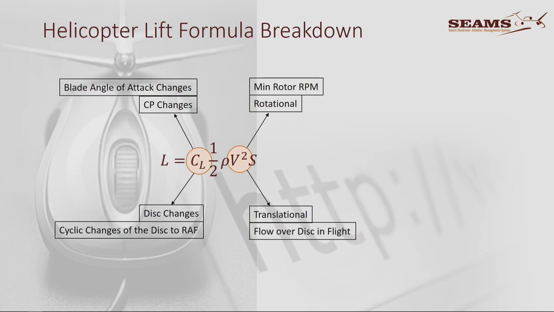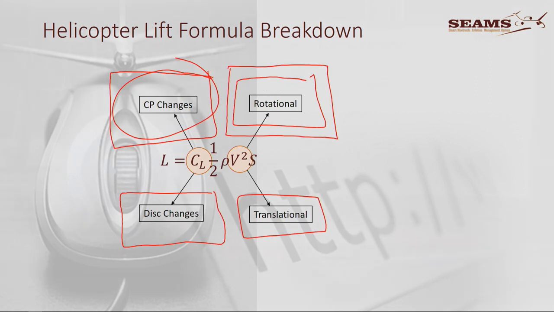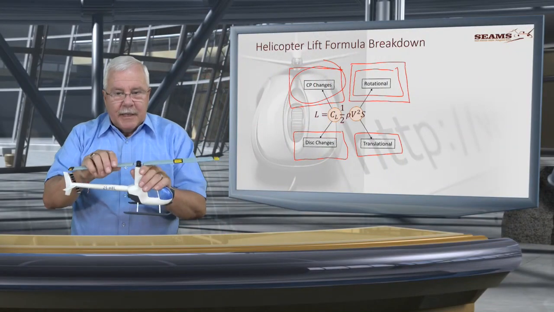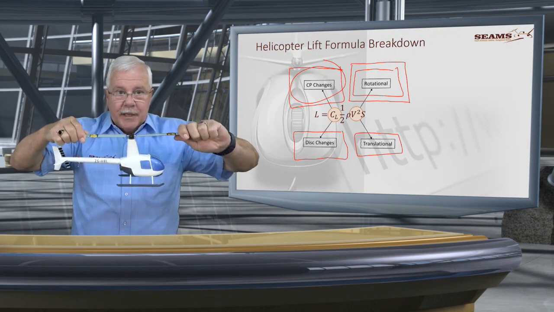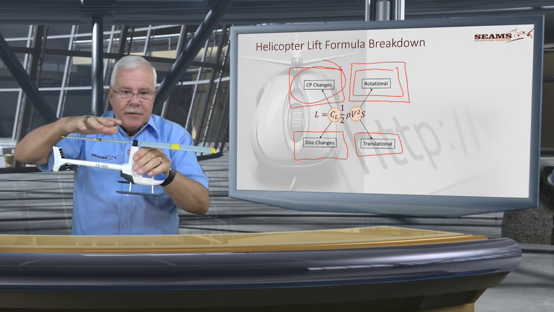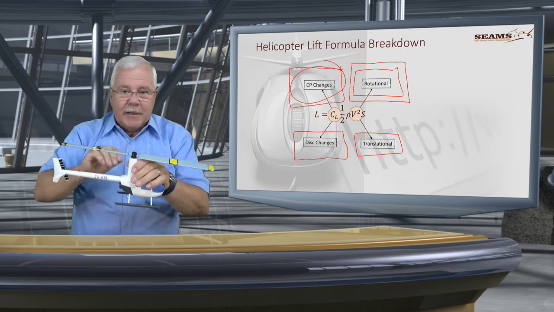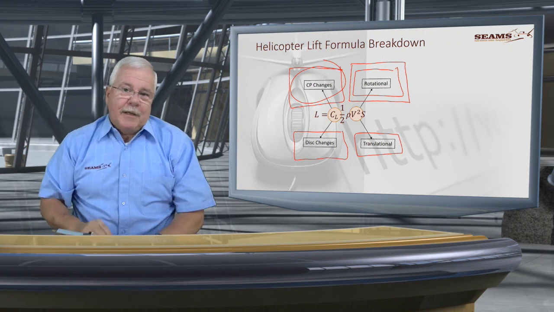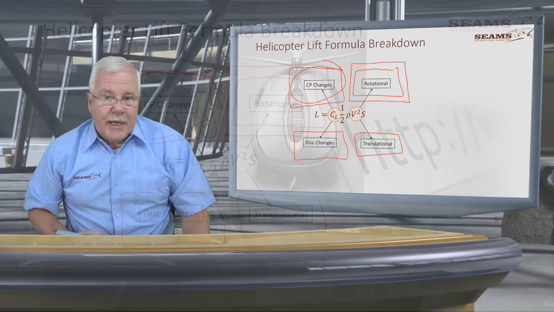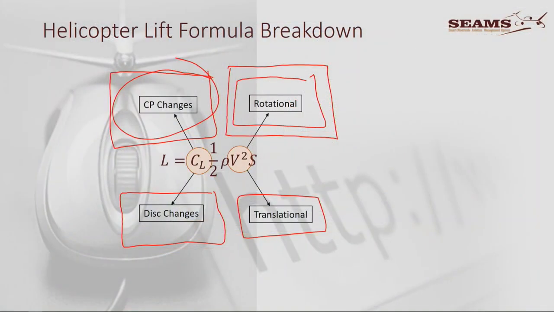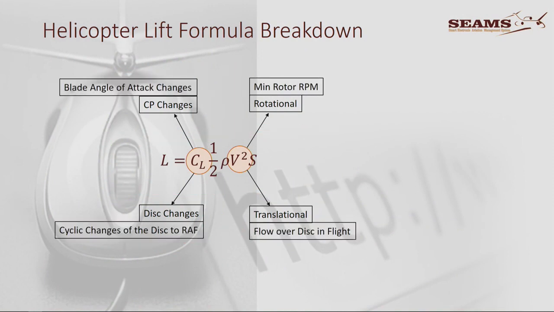In other words, the pitch changes on both sides collectively, so the whole disc is creating more lift, and then when we go forward we start talking about thrust. That is the main thing that we've got to look after.